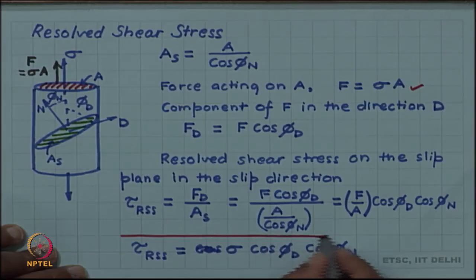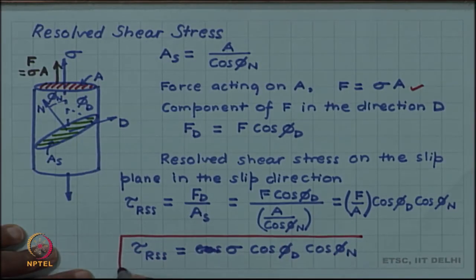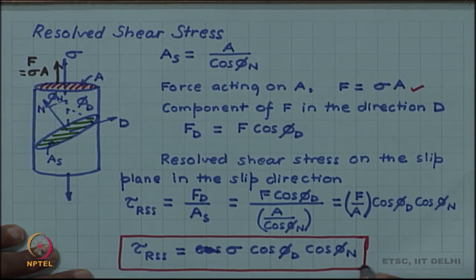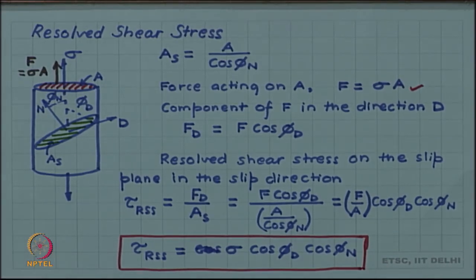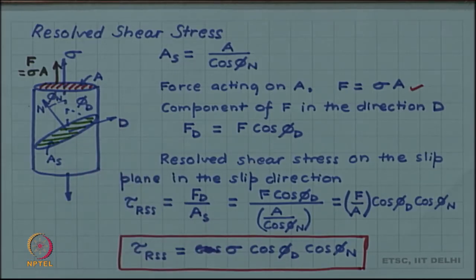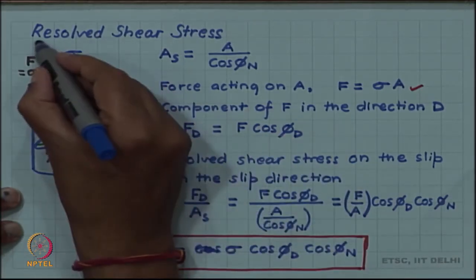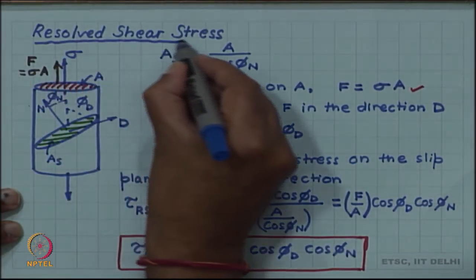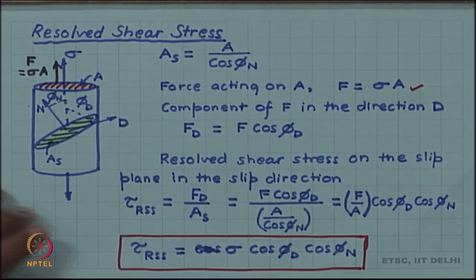So, we see the resolved shear stress depends not only on the applied stress, but also on the orientation of the slip system, the orientation of the slip plane normal and the slip direction: cos phi d cos phi n. So, we have established this relationship which we wanted for the resolved shear stress.